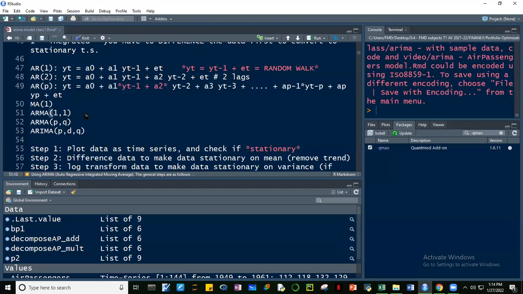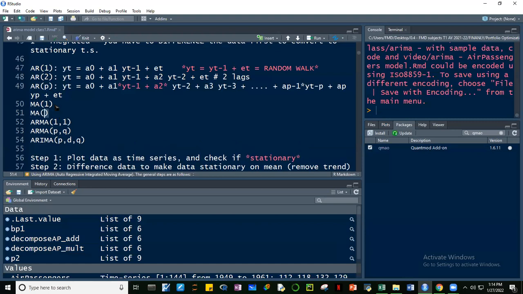Kunyari ARMA 1-1. So it's just a combination of AR1 process and MA1 process. Okay? Alright. So generally, pag sinabing MAQ, gamit natin dyan MAQ. Yan. Yung isa ARP process, yung isa MAQ. So it means that Q, order Q, which means Q past error terms.